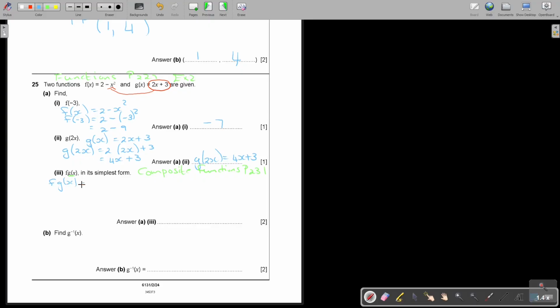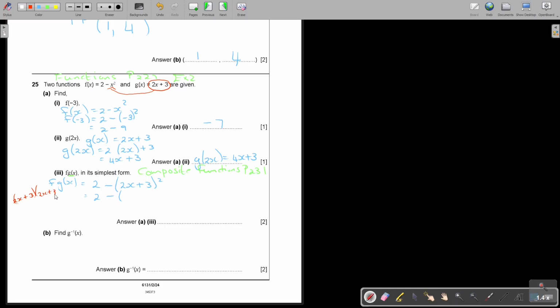So f(g(x)), I go to that, it's 2 minus and then bracket 2x plus 3 squared. And now remember, it's 2 minus. Now you can do it here. You can, if you want, you can say (2x plus 3)(2x plus 3). You can do the short way.